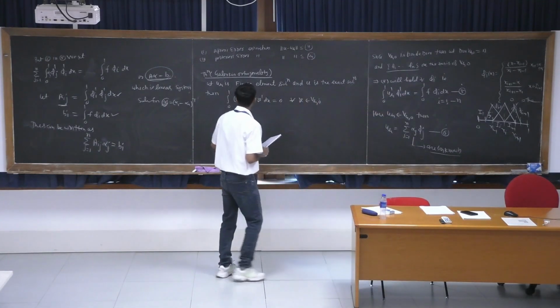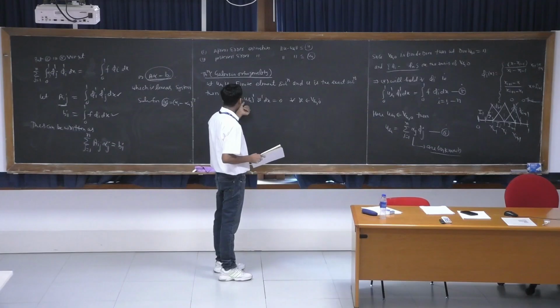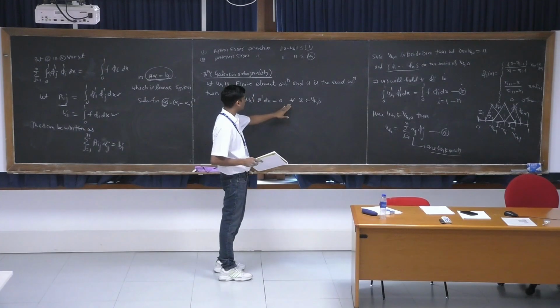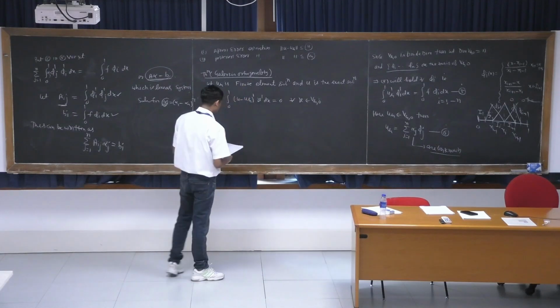Then you have to prove that the integral of (u minus uh)' v' is equal to 0 for all v belonging to this space.